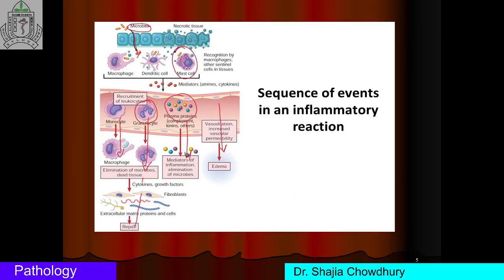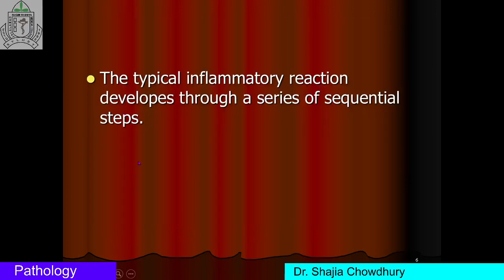Now, a very important sequence of events in an inflammatory reaction is like a story or journey of neutrophil from blood vessel to the site of injury. It's a very interesting sequence of inflammatory reactions. The typical inflammatory reaction develops through a series of sequential steps.